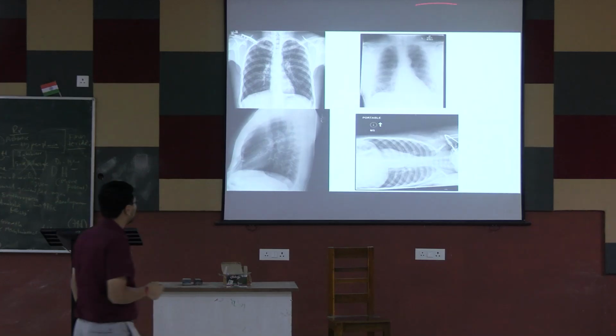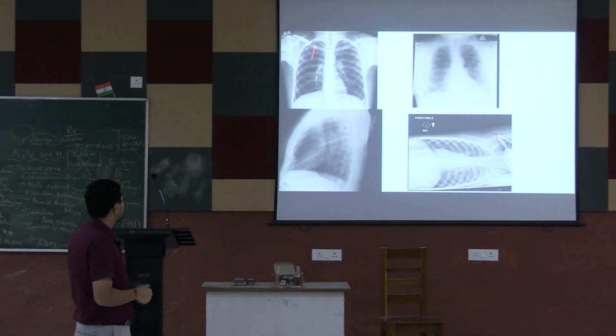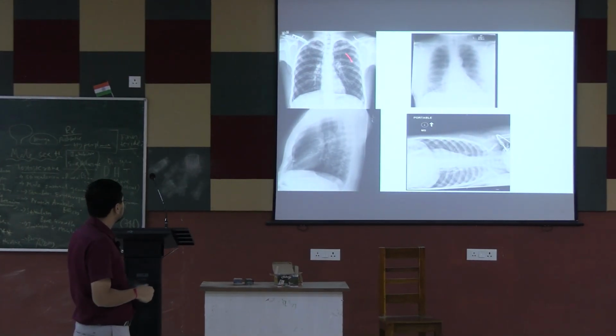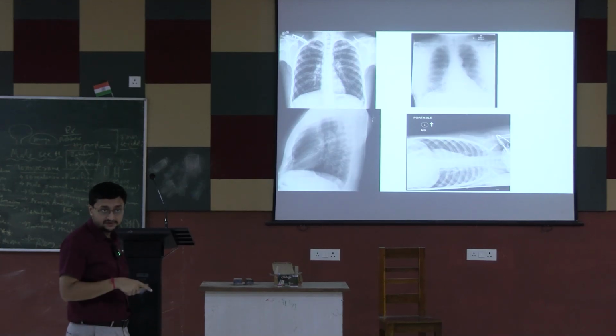So these are the 4 views, right? This one is PA view because heart shadow is normal, okay? And look at the ribs. These are the ribs. So ribs are concave, right?